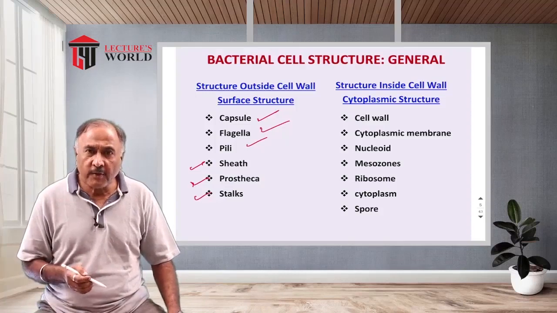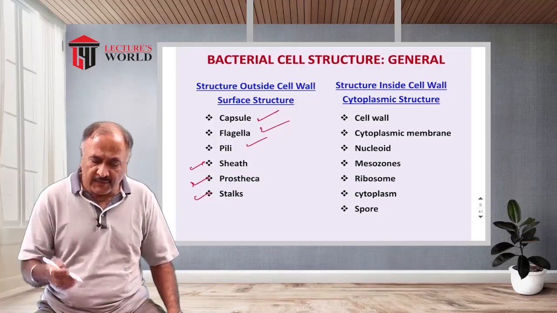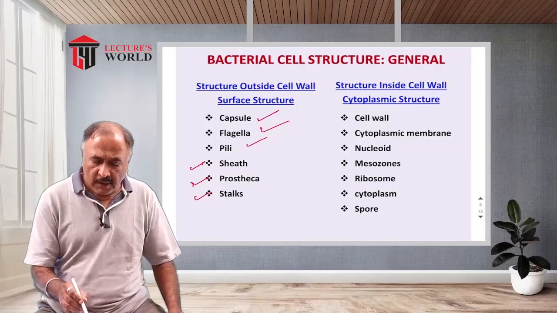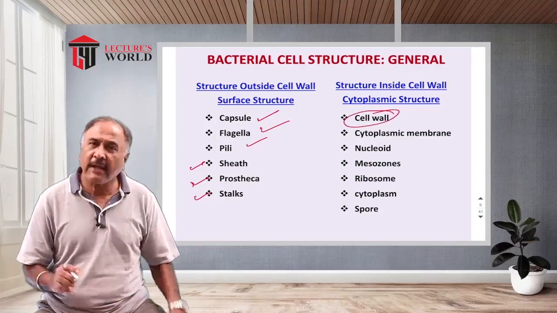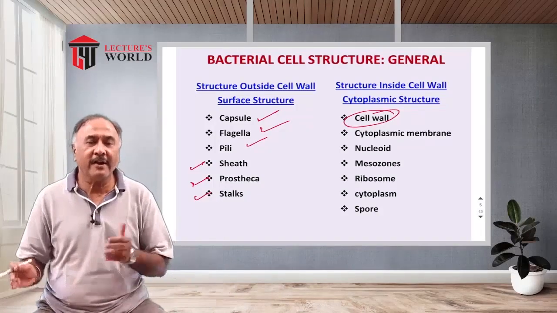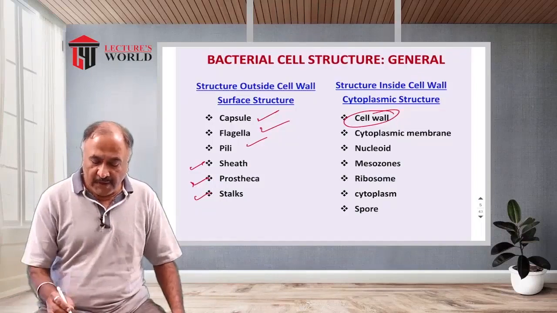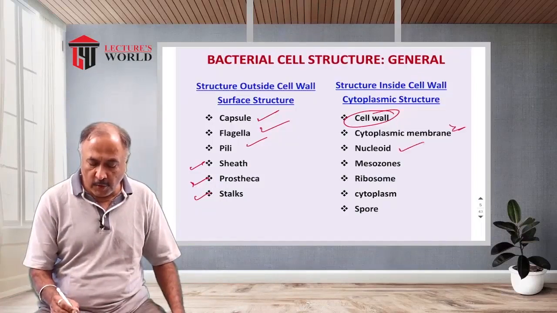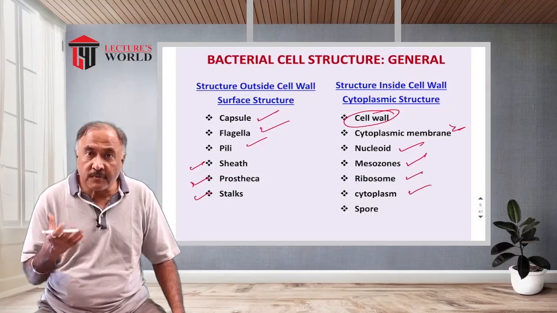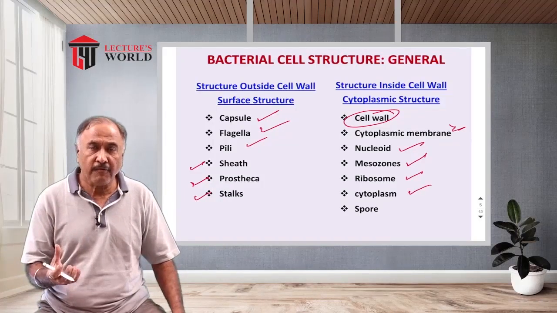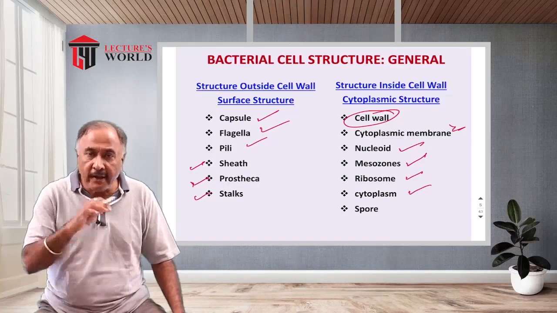Now, when we talk about the structures inside the cell wall, naturally, the cell wall can be considered as the outer layer or the inner layer. But then we have the cytoplasmic membrane, nucleoid, mesosomes, ribosomes, and the cytoplasm itself, the living fluid contained in a membrane.